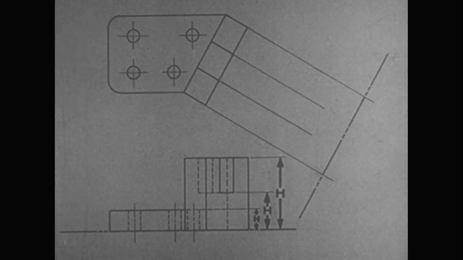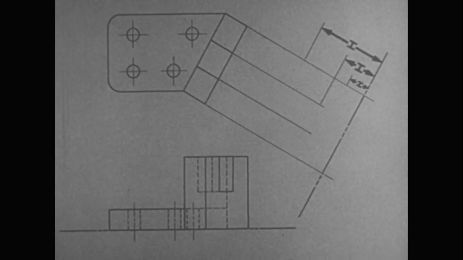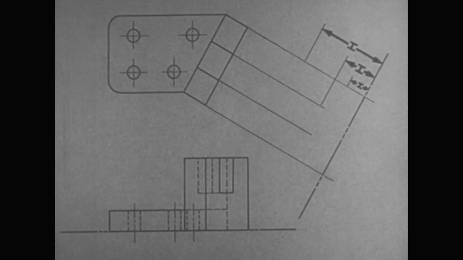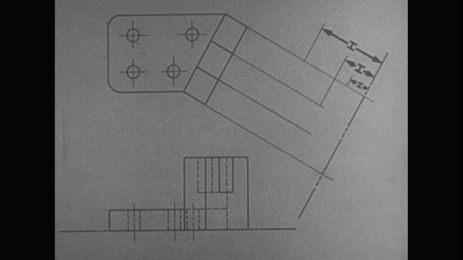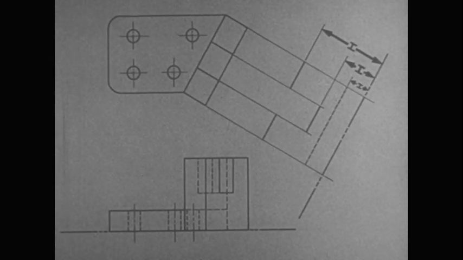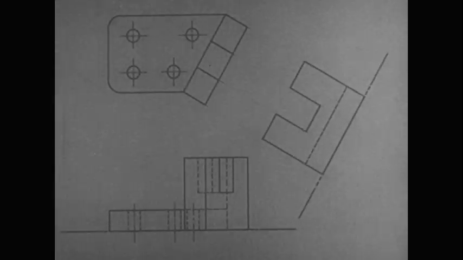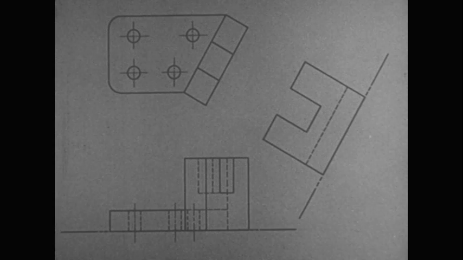Measure the other distances from the other reference line and transfer these distances to the auxiliary view. They give you the height of the piece, the height of the slot, and the hidden edge of the base. When you have strengthened the outlines of the views, your drawing is complete.